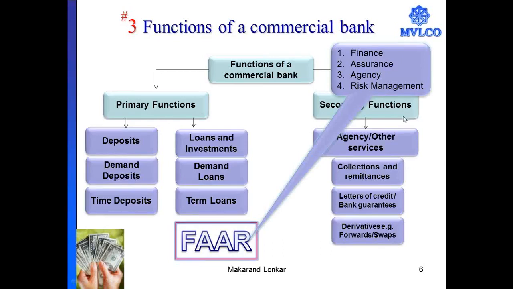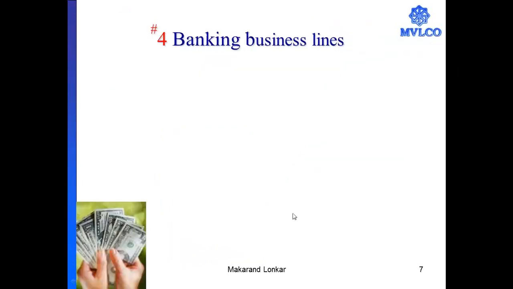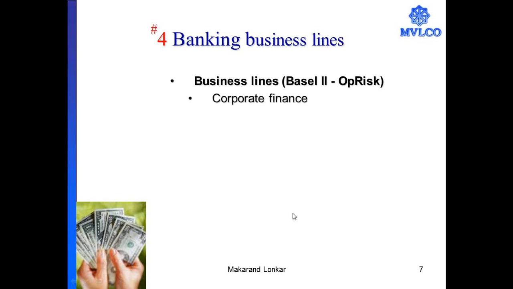Now let's move to the next point of what kind of products the bank can offer and the banking business lines. In the banking system, I did talk about something called the Basel Committee on Banking Supervision, BCBS. It has classified the entire banking system into 8 different business lines.